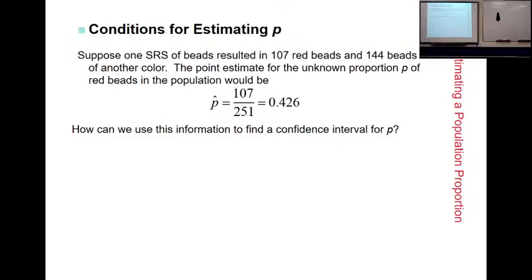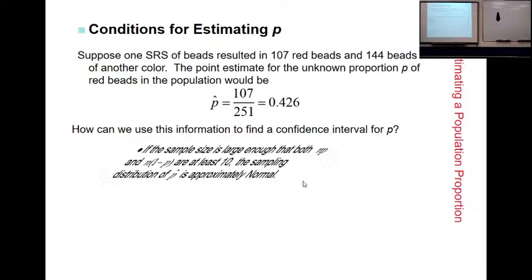And if you remember from the first section, that's what we called our point estimate. And so we're going to start using our data here and our formulas to actually make this confidence interval.